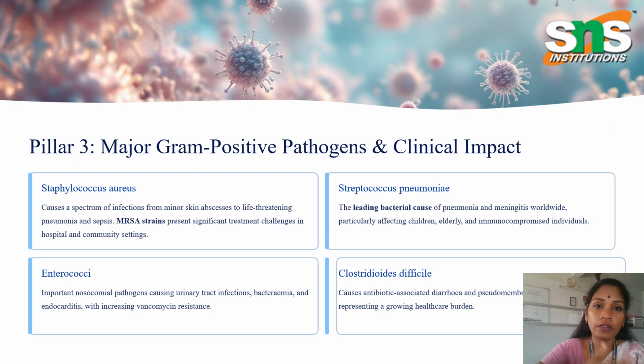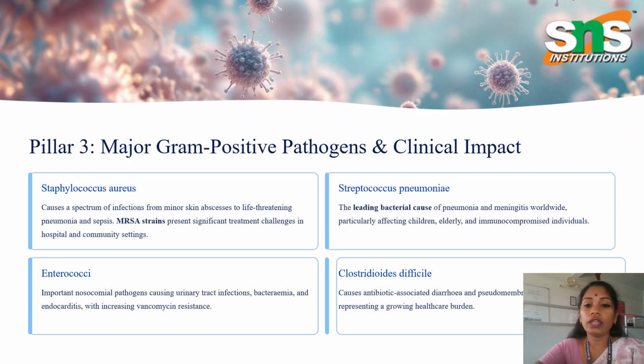Then, moving on to the enterococci, they are nosocomial pathogens causing UTI, bacteremia, or infections similar to a fungal infection. So we cannot easily identify which one is a fungus and which one is a bacterial infection. The enterococci are almost similar to a fungal infection, but it is not a fungal infection at all.